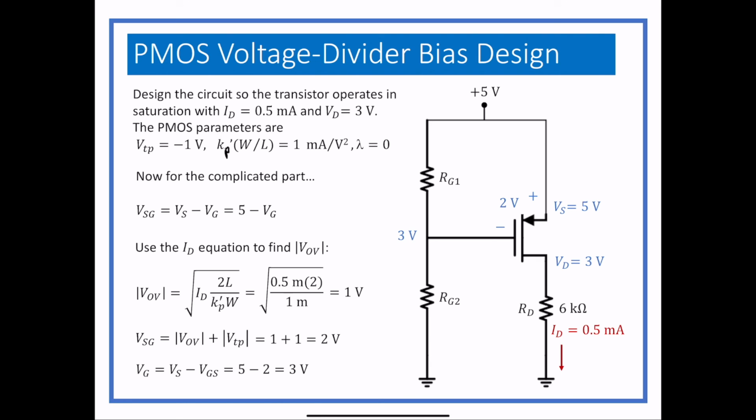Another way, maybe this is just conceptually wrong, but if you know that VD is 3, so the voltage drop over RD is 3, and since it's in parallel with RG2... It's not. It just happened to be that the voltages are the same. Parallel resistors are not resistors that look like that.